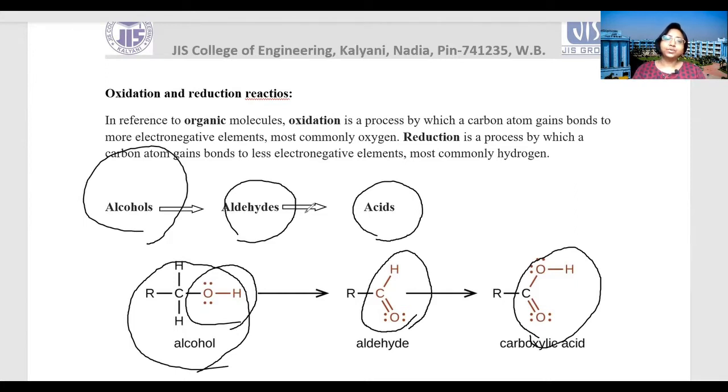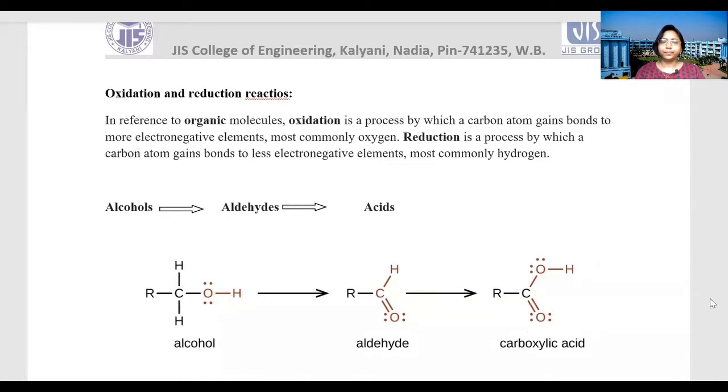If we want to convert directly from the alcohol to acid, we require the strong oxidizing reagents. But if we use the weak oxidizing reagent, then first it will become alcohol to aldehyde, then aldehyde to acid. In this way, the steps will take place.